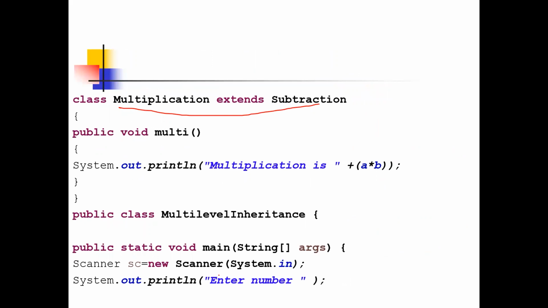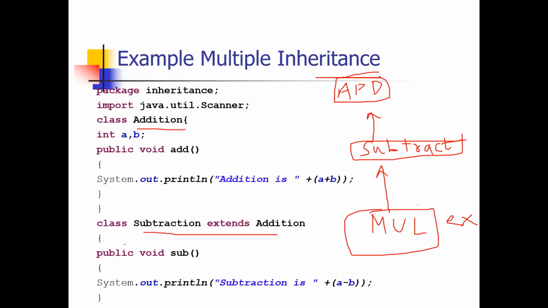Now come to the actual class. In the actual class, we are entering the values of A and B. We have not entered the values here, otherwise they would be part of this particular class only.